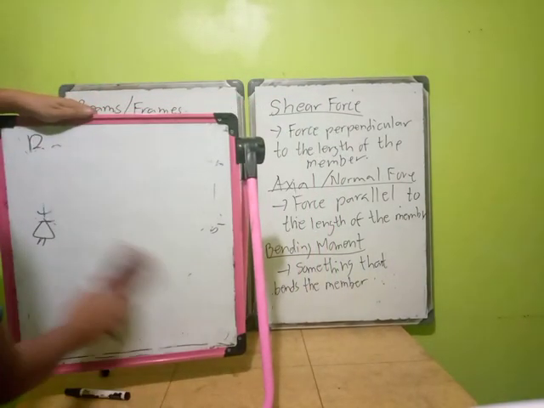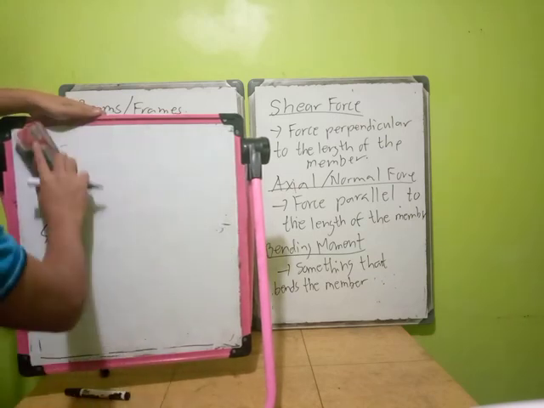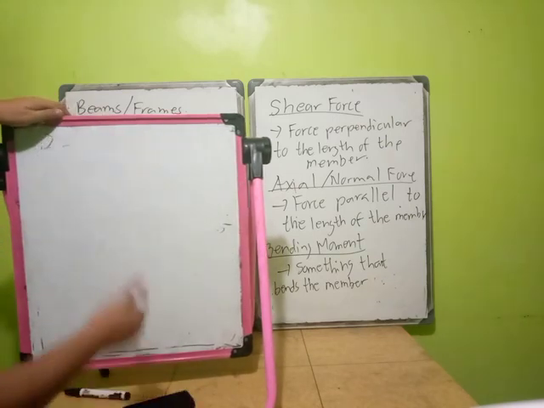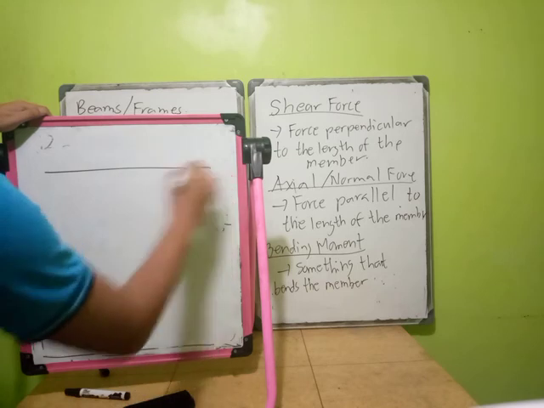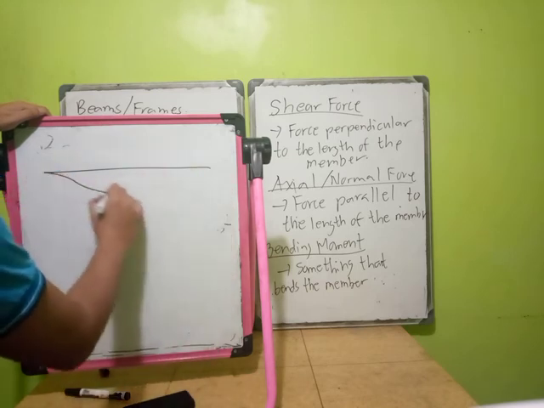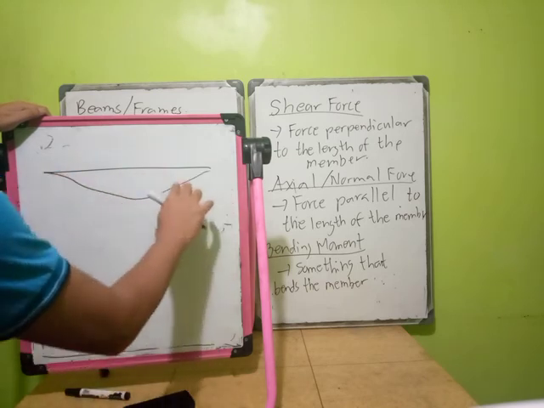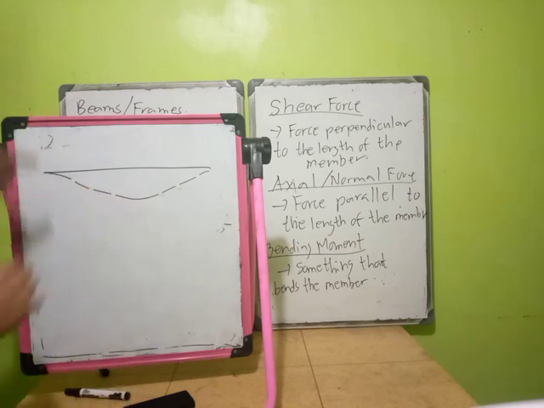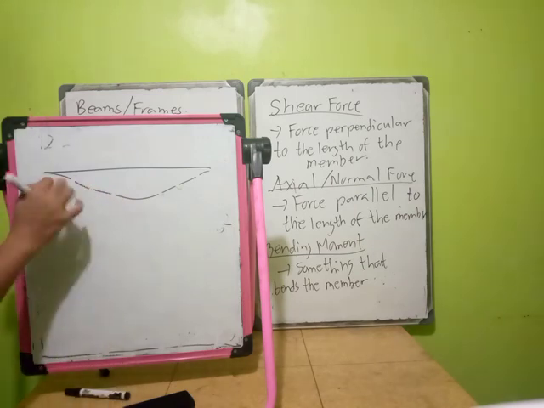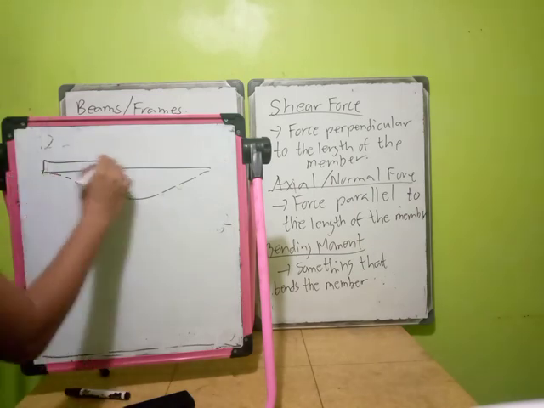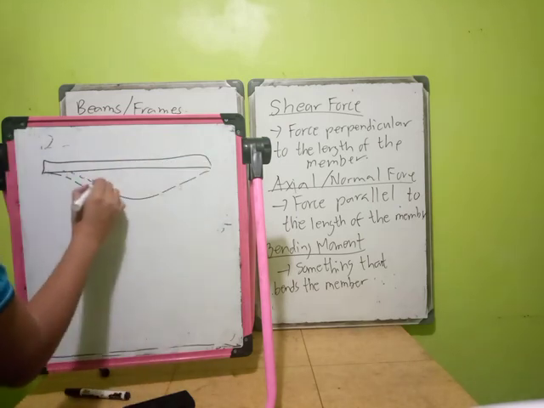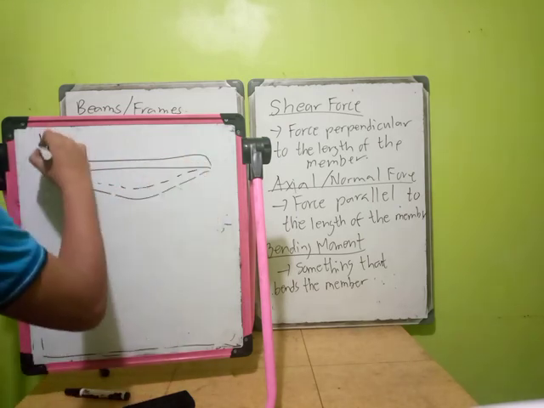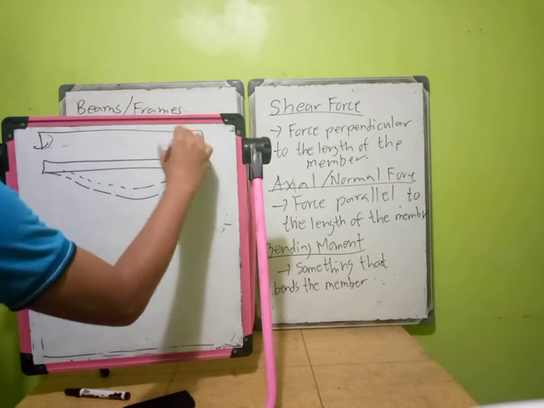So, yung bending natin is pag ganon. So, ito yung member mo. Kapag may bending is ganito yung magiging forma niya because of forces. So, from this position, so magiging ganito siya kapag subjected siya into loads.